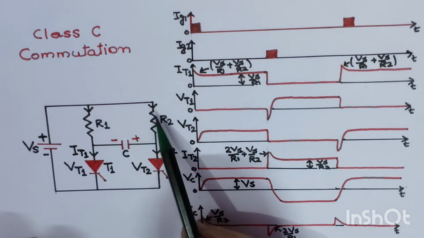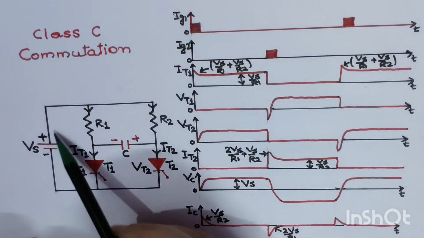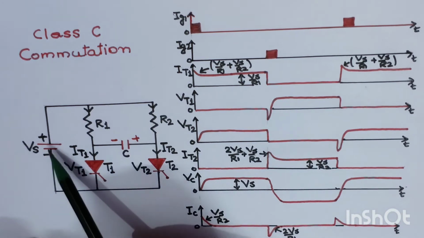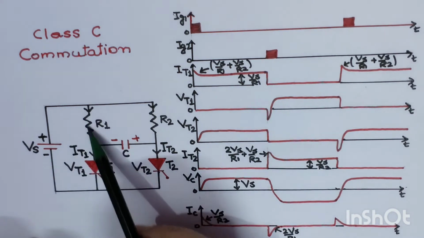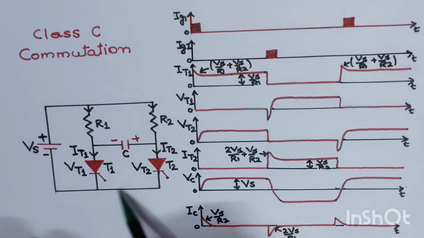So there are two currents flowing across the thyristor T2, one is Vs upon R2 through the thyristor T2, and the second one will be 2 Vs upon R1 through capacitor C and through thyristor T2.